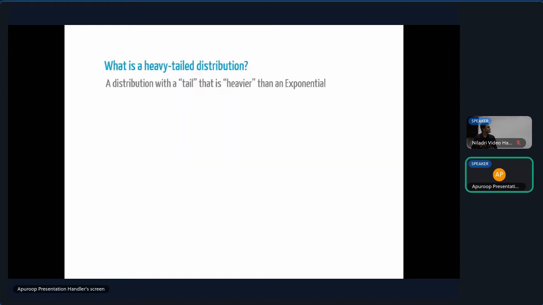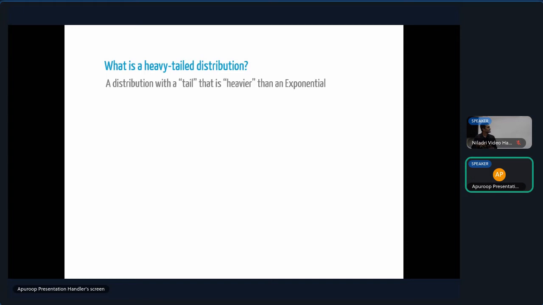Okay, so what is a heavy tail distribution? That's a wordy definition; I will write it formally on the board. At a very intuitive level, heavy tail distributions are distributions characterized by extreme variability. These are highly variable distributions. Mathematically, heavy tail distributions are distributions with a tail that is, quote unquote, heavier than that of an exponential distribution.